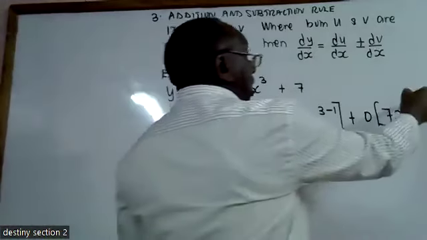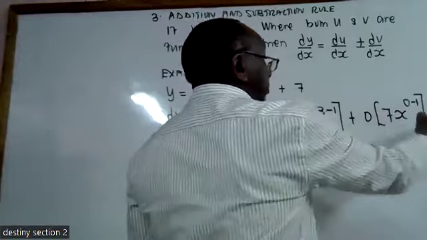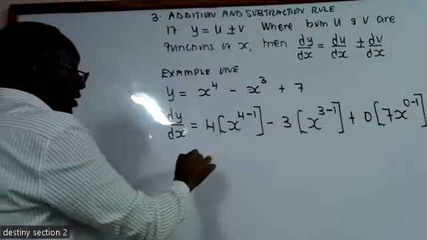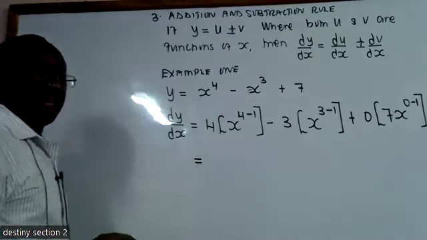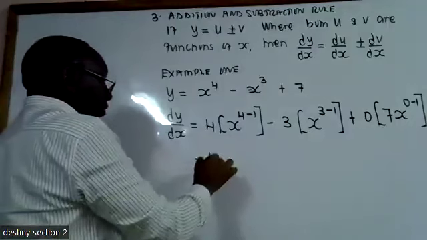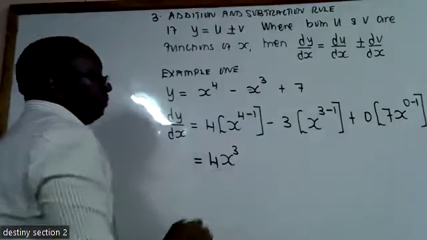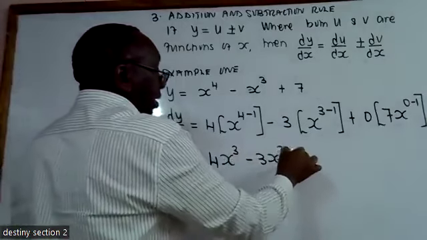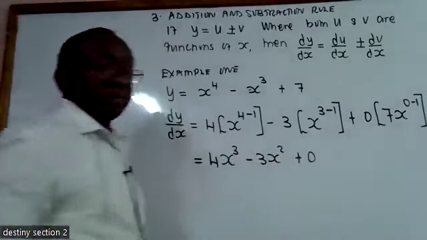Then you subtract 1 here. So this settles as 4x raised power 3 minus 3x squared plus 0.